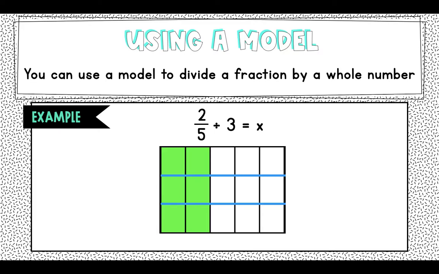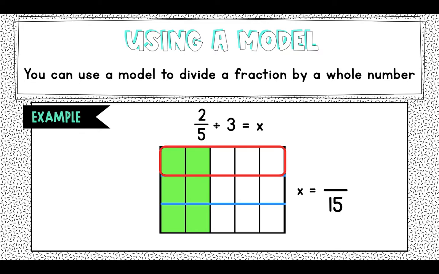Now I'm going to find my new denominator, which would be the total number of units that I've now split this whole into. So in this example, I have a 5 by 3 grid, which means the denominator will be 15 because there's 15 whole units. Now, to find my numerator, I just need to look at how many shaded units are in each of the thirds.